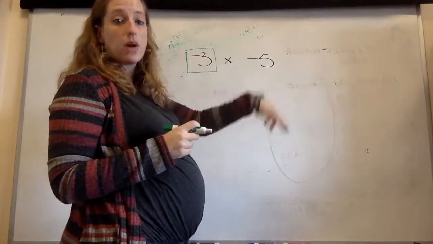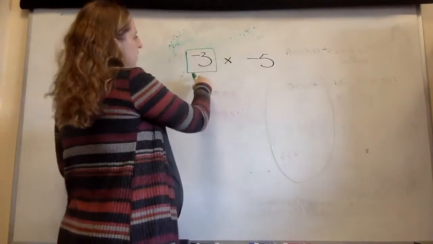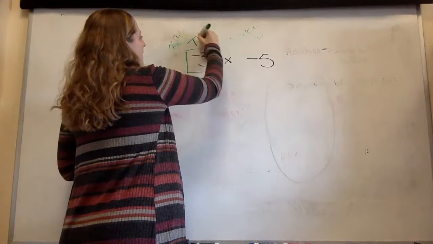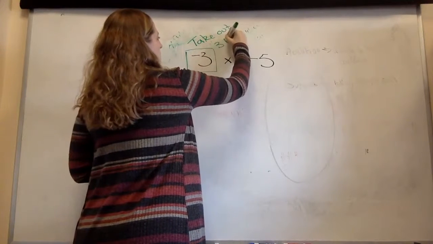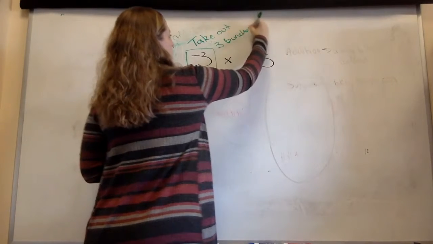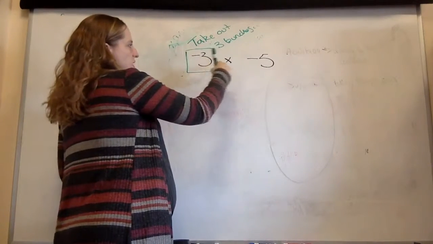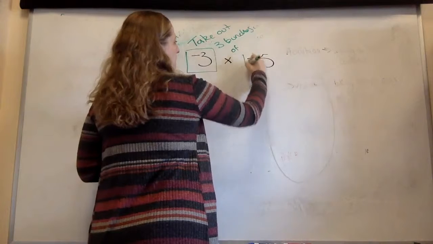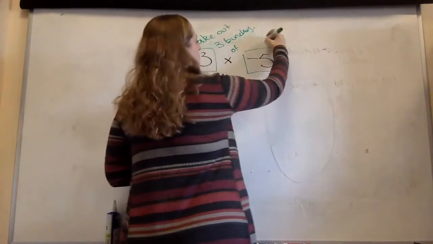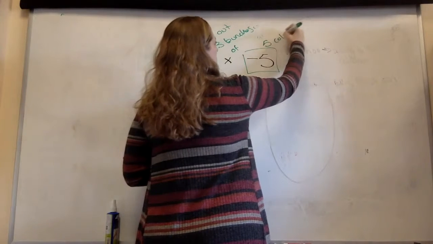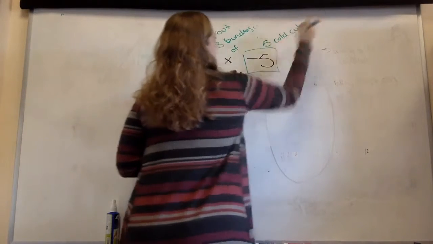Are we taking them out or are we adding them in? Because our first number is -3, we're going to take out 3 bunches. That's what this first number says. Take out 3 bunches of, each bunch is going to consist of -5 or of 5 cold cubes.